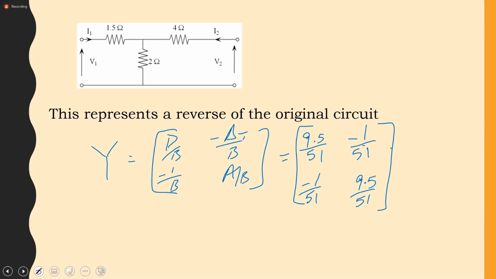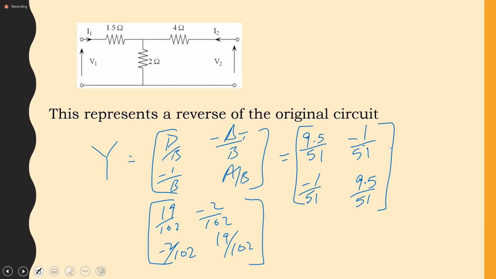Then what we end up with is 19 over 102, minus 2 over 102, minus 2 over 102, and 19 over 102. Look familiar? Yes, sir. So that is the admittance matrix that we had before.